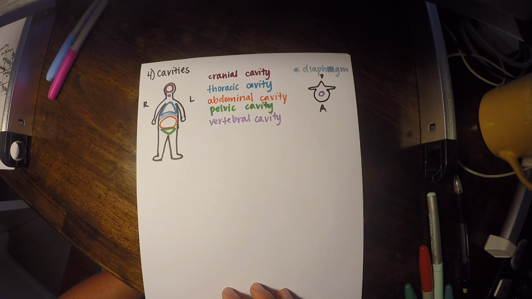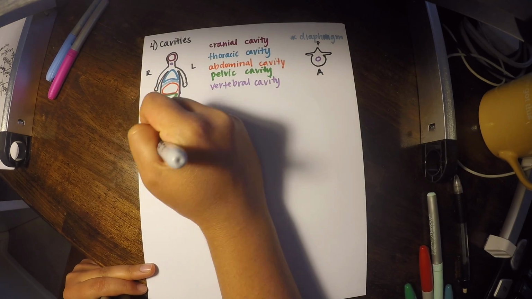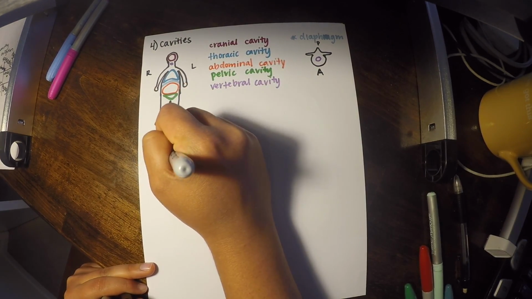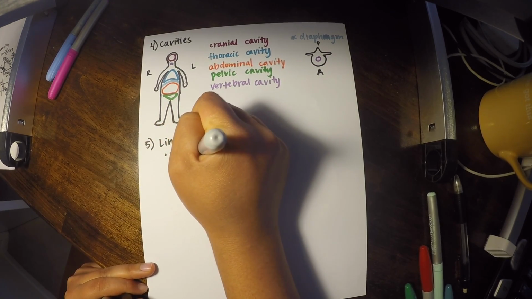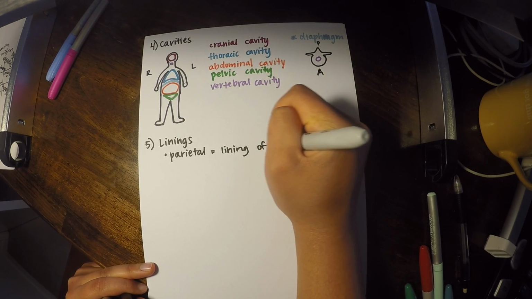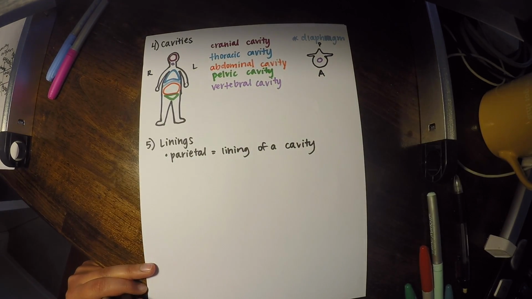Alrighty, so those are our cavities. We also have linings. So parietal means the lining of a cavity, any one of those cavities that we talked about above.